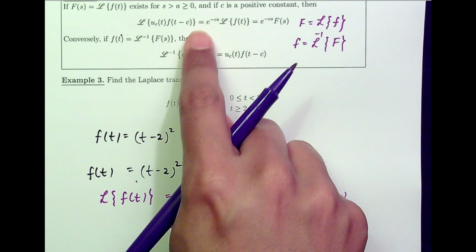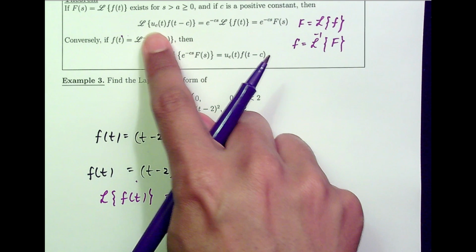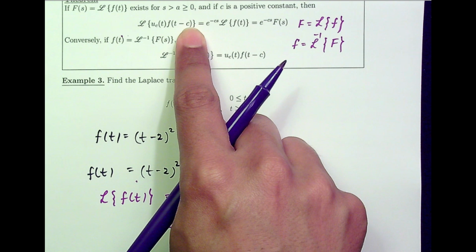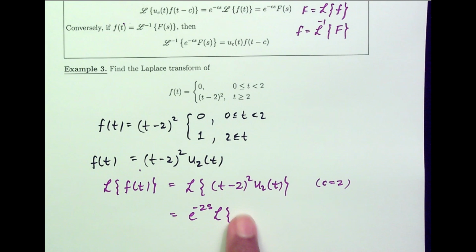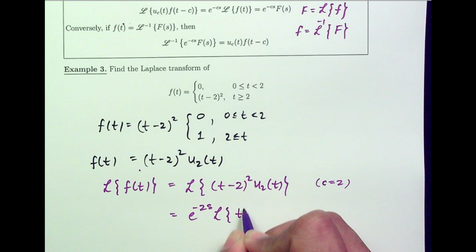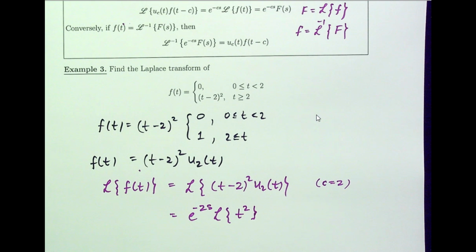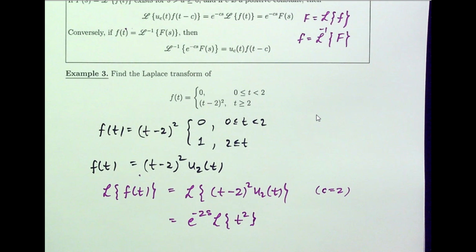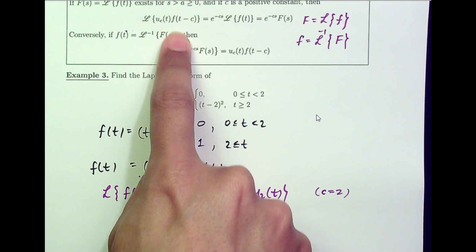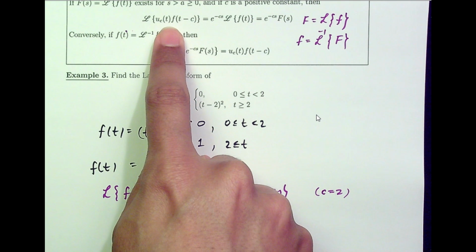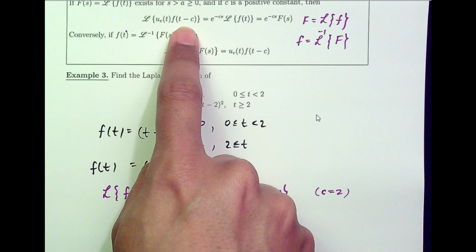You see, it is whatever I have next to the u without the translation. So it's going to be the Laplace transform of that. Okay, so take a look at that carefully. This is the Laplace transform of uc of t times f of t minus c.